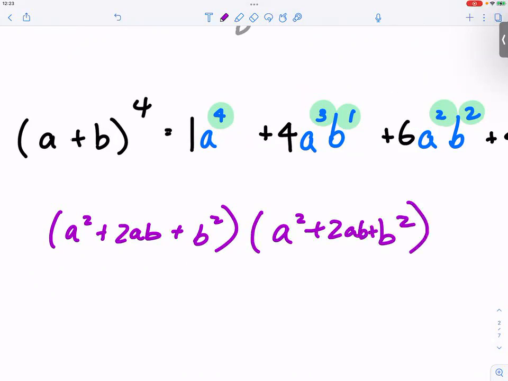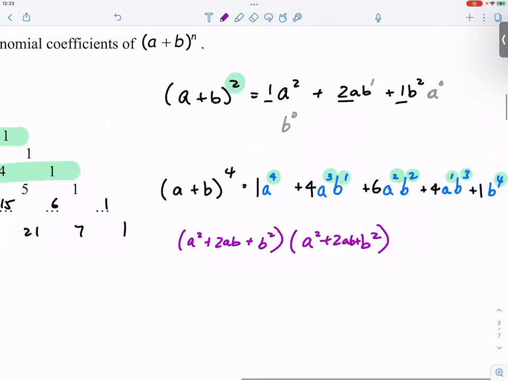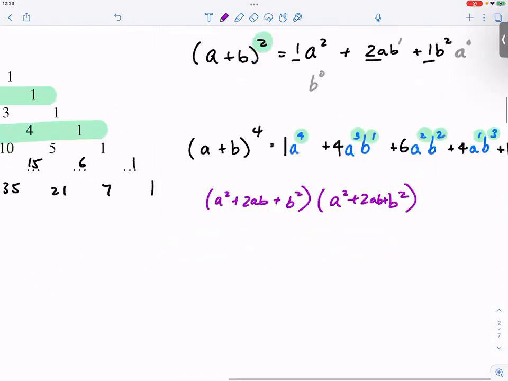But afterwards, you have to do the FOIL with 3 terms, and I'm going to start crying. The carpet will be all wet because I have so many tears by expanding these terms. That's a nightmare. But with Pascal's triangle, it's not a nightmare at all.